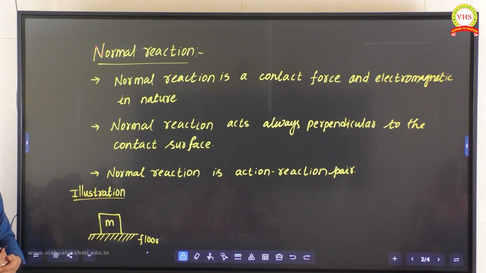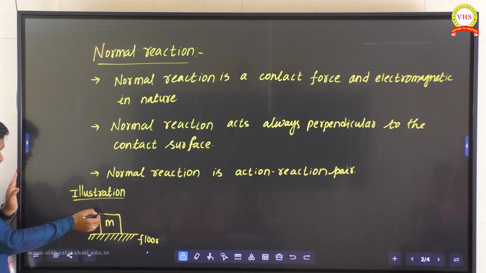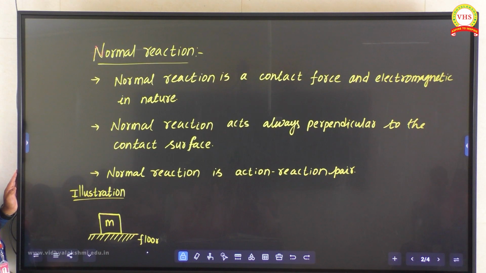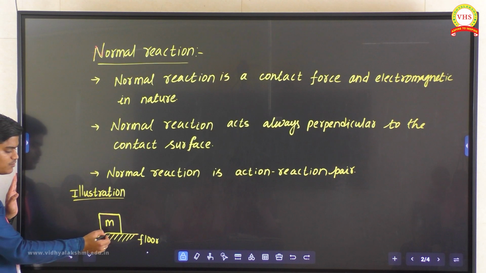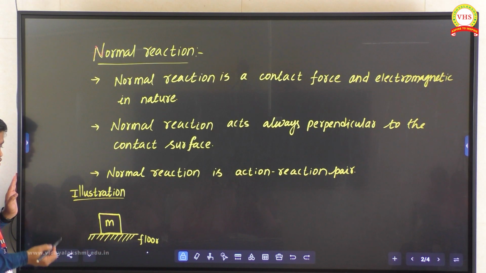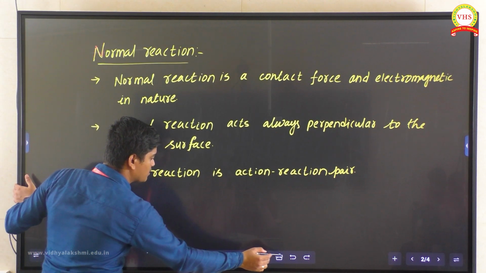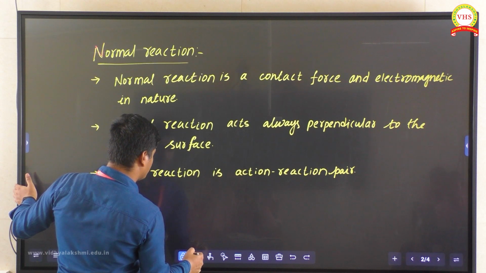Now tell me, where is the contact surface? This line, or this line, or the down line? This middle one here, right? This one is basically the contact surface. I'll circle it in a different color.